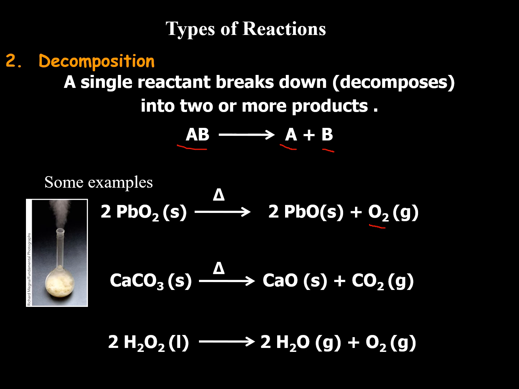We have calcium carbonate breaking down into calcium oxide plus carbon dioxide. We also have hydrogen peroxide breaking down to water and O2. And you notice a lot of decomposition reactions emit a gas here. So we see bubbles in the photo, an emission of gas as well.